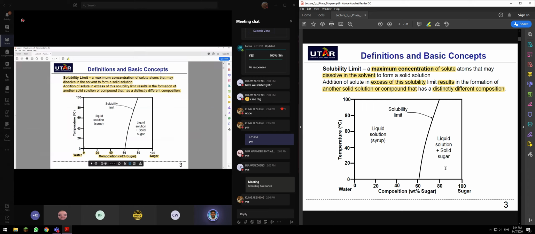Now let's say you have a water temperature of 20 degrees, and you have a liquid solution which is an addition of sugar and water. So at first, the water is 100%. You add sugar.